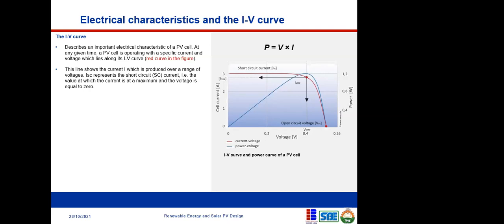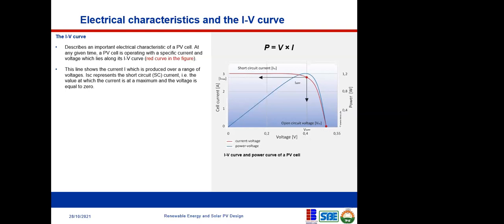Okay, so the line shows the current I, which is produced over a range of voltages. And now this current is represented with the short form SC, that is short circuit. I subscript SC represents the short circuit current.